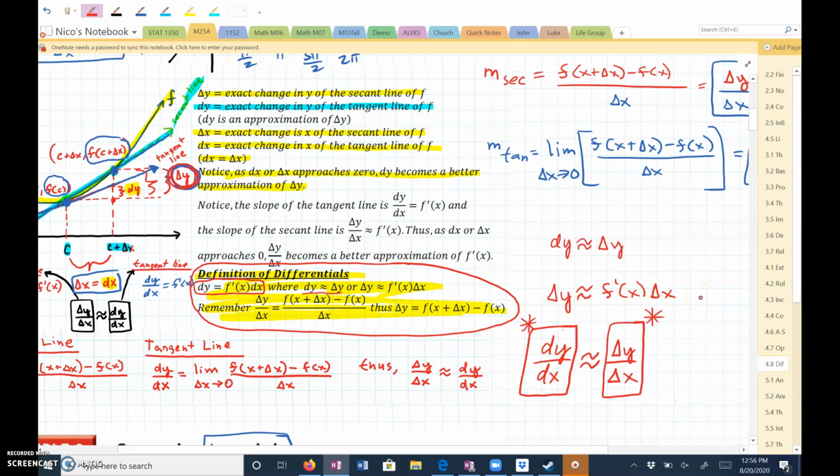Okay? But dx is always going to be equal to delta x. The change in the x values over here, those aren't going to change. So that is why you can conclude that dy is approximately delta y.